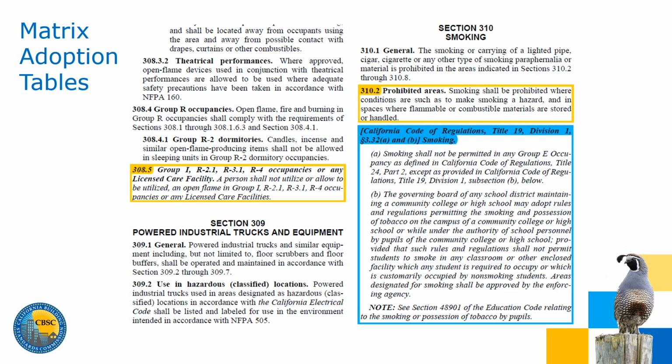Section 308.5 is printed in italics, which means that it is a California amendment to the Model Code added by the State Fire Marshal. As SFM is the only agency that promulgates regulations in Part 9, there is no need for the state agency banner.